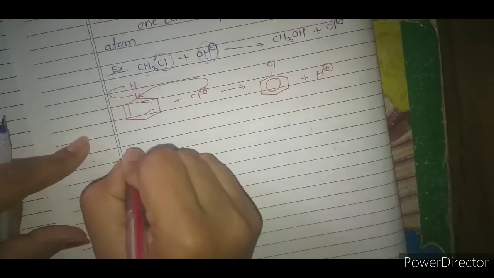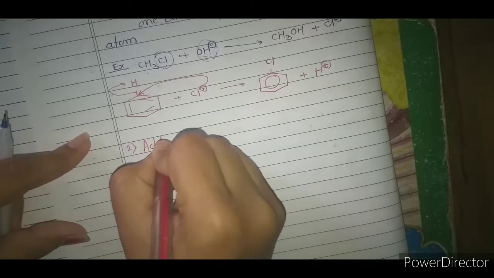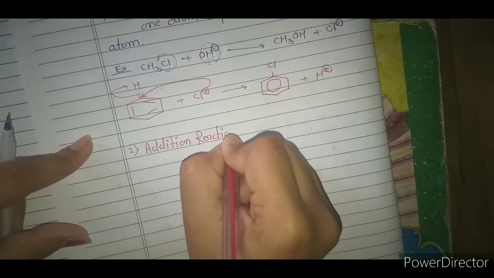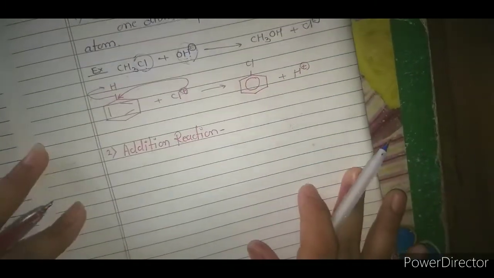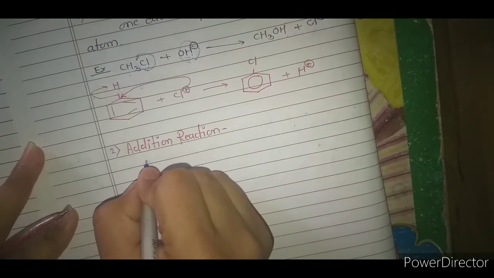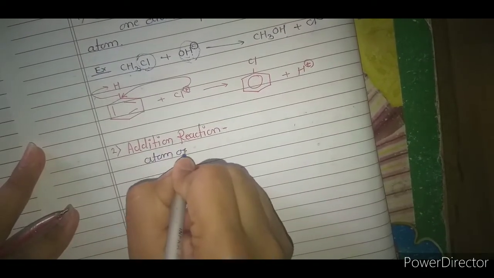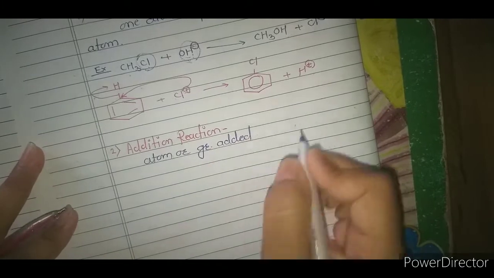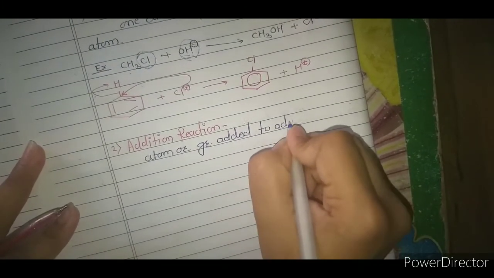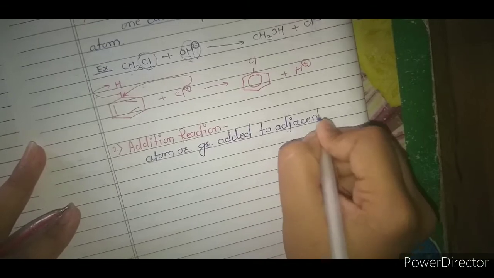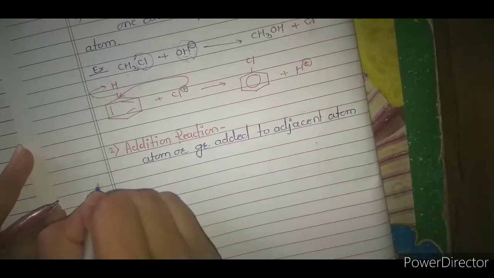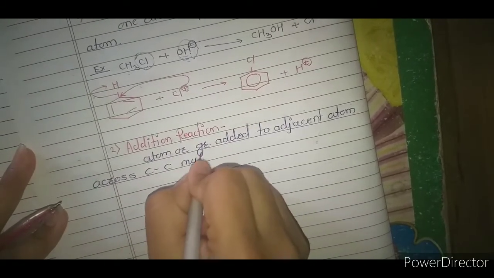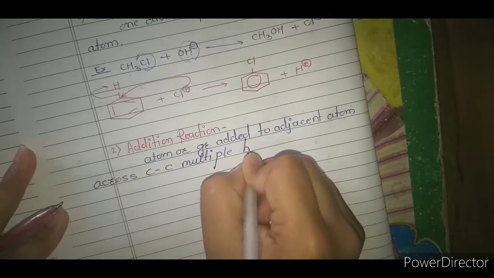So the next type of reaction is addition reaction. Okay. So in addition reaction, what happened? The atom or group is added to adjacent atoms across a carbon-carbon multiple bond.